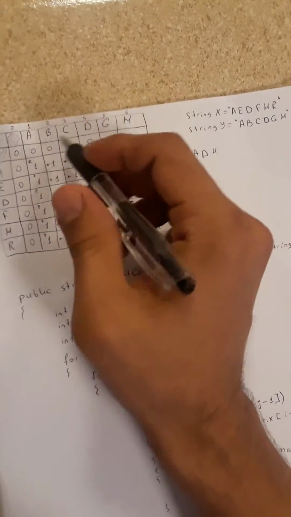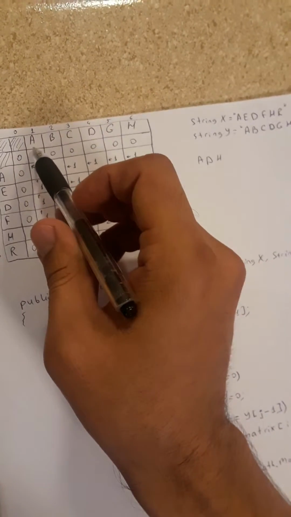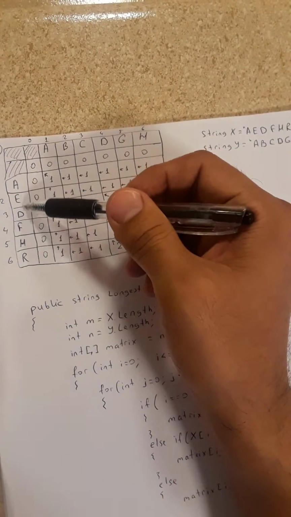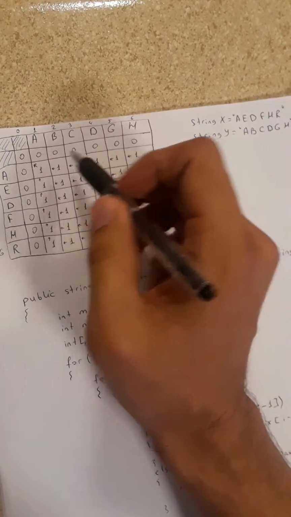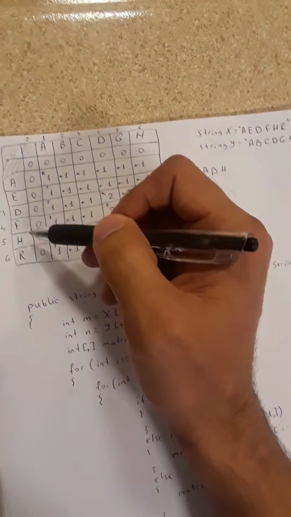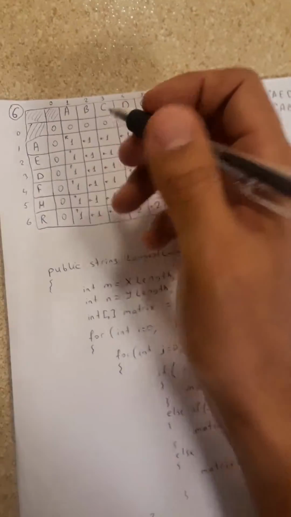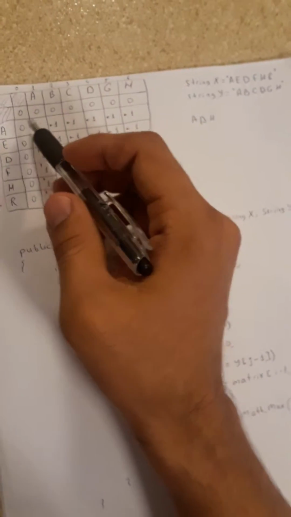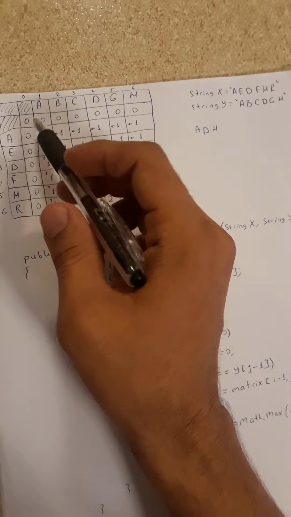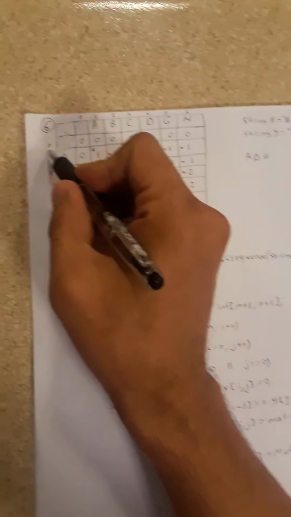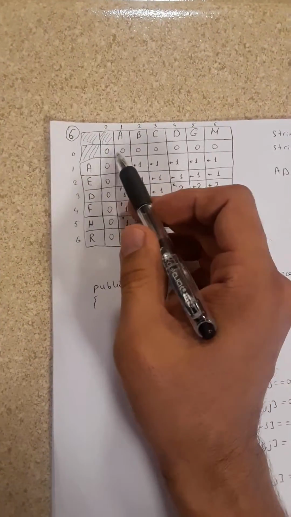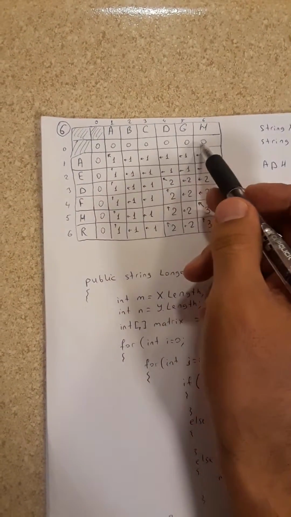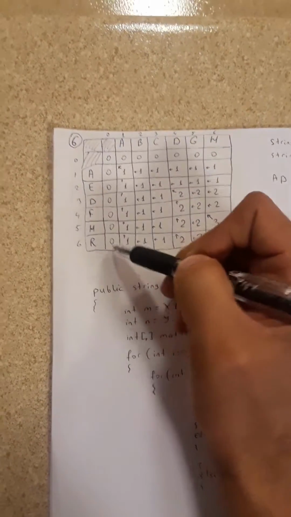One string goes to the top of the matrix while the other is on the side, so basically one is for columns and the other for rows. When we fill this matrix, the row at the 0 index and the column at the 0 index should be filled with zeros. You see the first row and the first column are all zeros.